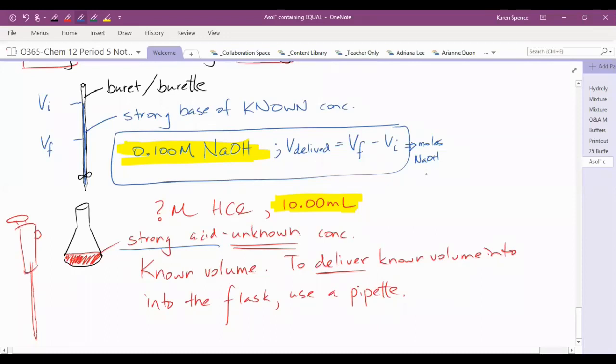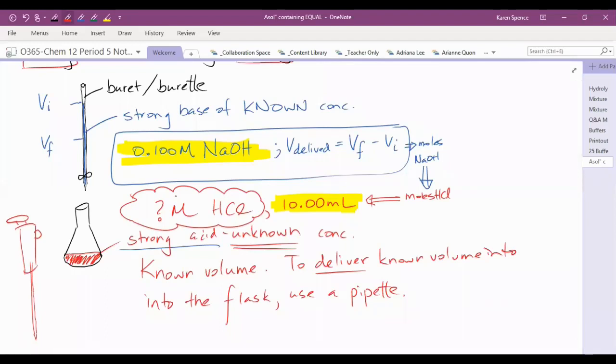First, in order to do that, we would need to find the moles of HCl, and that would be using our mole ratio. Then we would use that and the volume to finally find the concentration of the HCl. So that's the type of titration that we are used to doing so far.